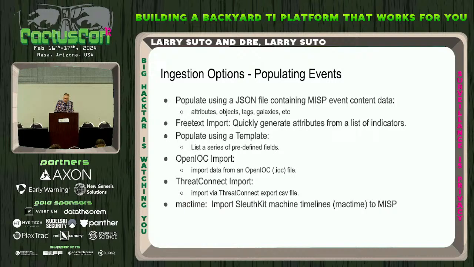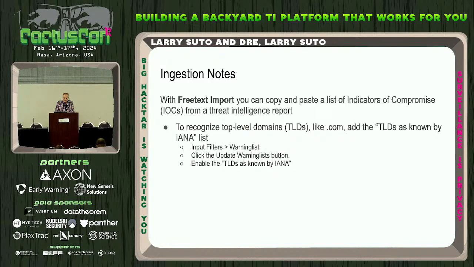If you're analyzing a very complex campaign that has a lot of data, there are going to be a lot of IOCs, a lot of attributes. You may want to use a bulk import, and these are just some ways of doing that. With free text import, you can copy and paste a list of indicators, pull it right into the UI, and it'll add the attributes.